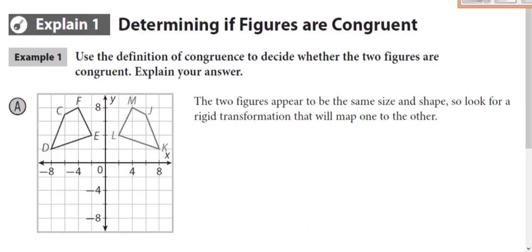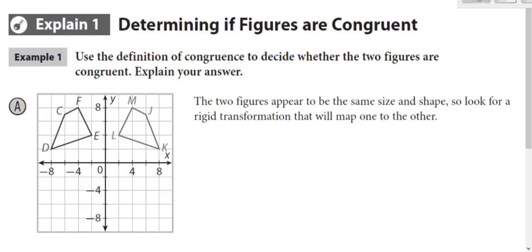So these next examples, they are actually in the coordinates. So we can more easily describe the transformation. So it looks like they are the same size and shape. So you look for the rigid transformation, like a reflection, rotation, or translation, that's going to map one onto the other.